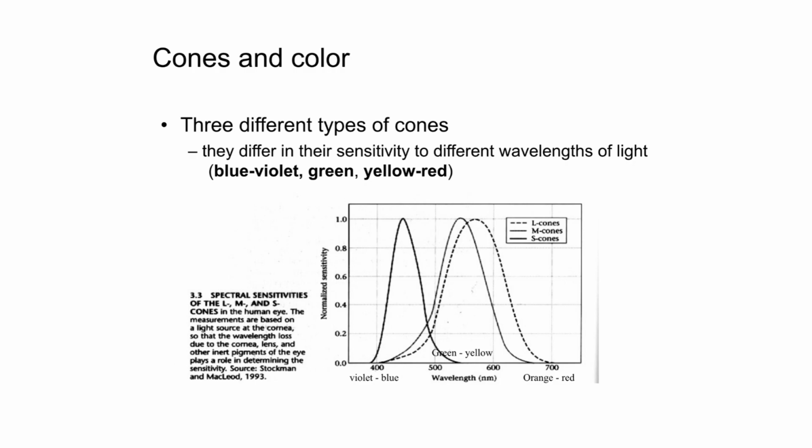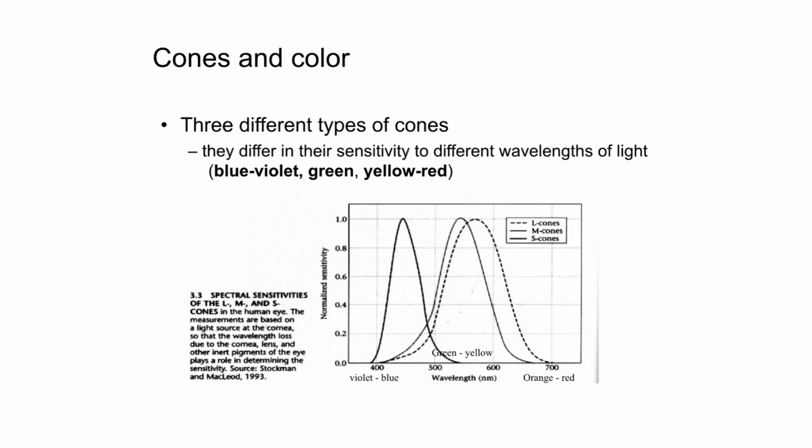When we further elaborate on cones and color, there are three types of cones. We call them L, M, and S. L stands for long range wavelength cones. M stands for medium range wavelength cones, and S is for short range wavelength cones.